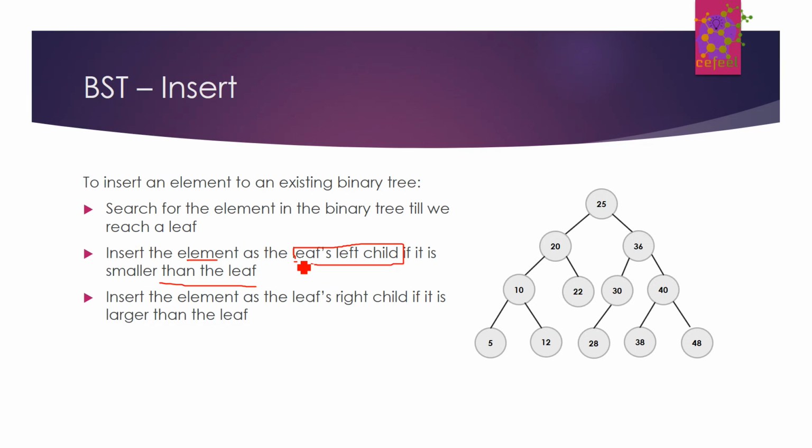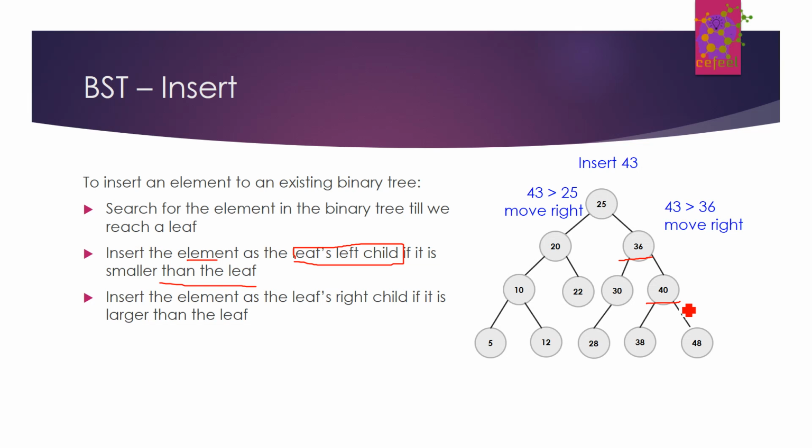So let's see an example here. So we have this binary search tree, and let's insert an element 43. So as we do in search, we do the same way. We'll first compare with the root. 43 is greater than 25, we'll move right. Then we will see the right subtree, which is 36. 43 is greater than 36, we'll again move right, because that's what we do in search.